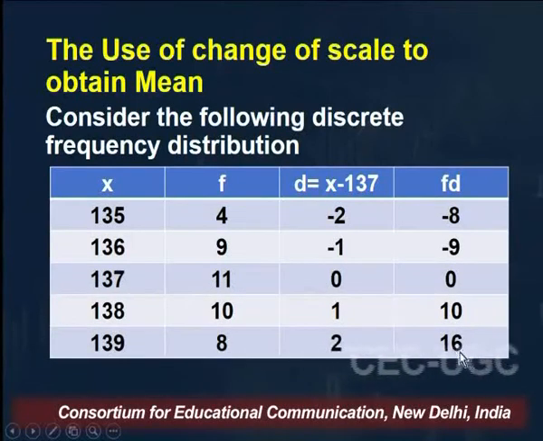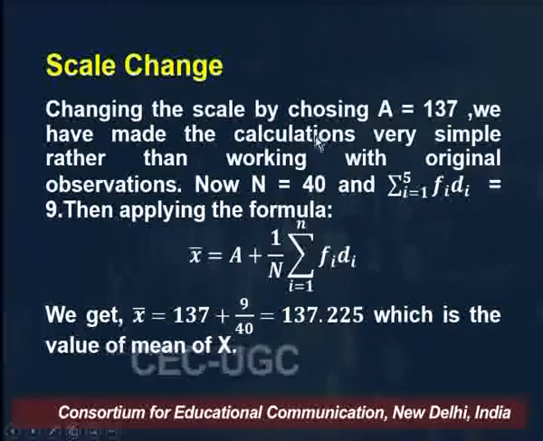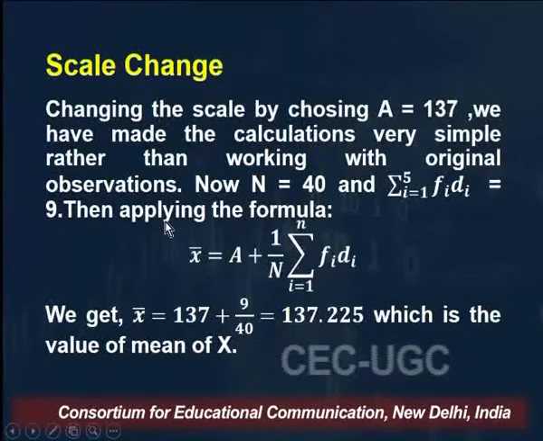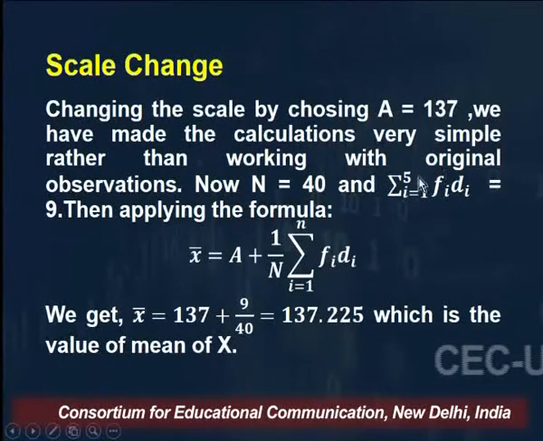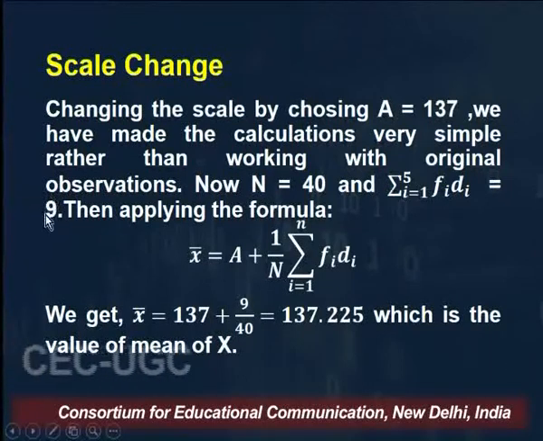And now you need to obtain the sum of Fi di's and the sum of f's, because that is what we do when we want to find the arithmetic mean of di's. When you do this, it will be minus 9 plus minus 8 plus 10 plus 16, and by just a simple mental calculation, you get summation Fi di as 9.